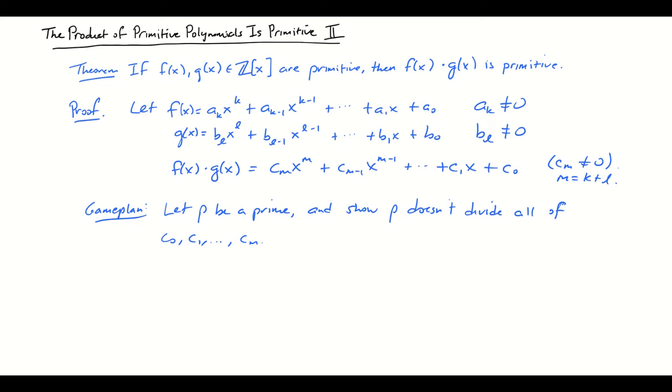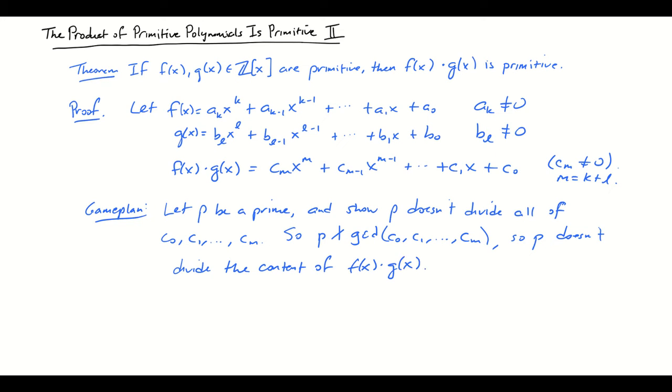Because once we show that, that means p will not divide the GCD of c_0, c_1 through c_m. So in other words, p doesn't divide the content of f of x times g of x.